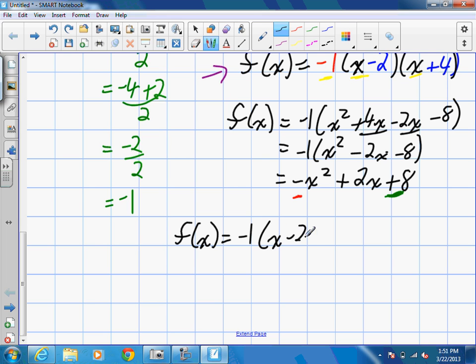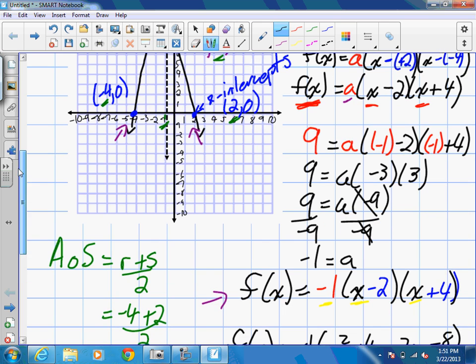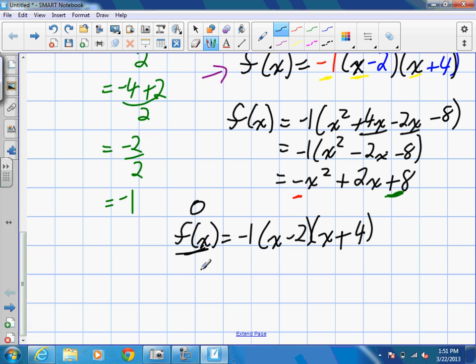And we set f of x equal to 0, because it represents y. And we know that x-intercepts are when y is equal to 0. When we go through the x-axis, y is equal to 0. So, 0 is equal to negative 1, x minus 2, x plus 4.